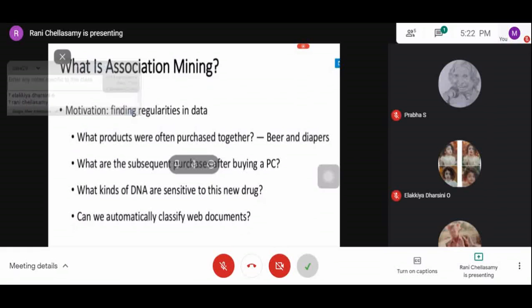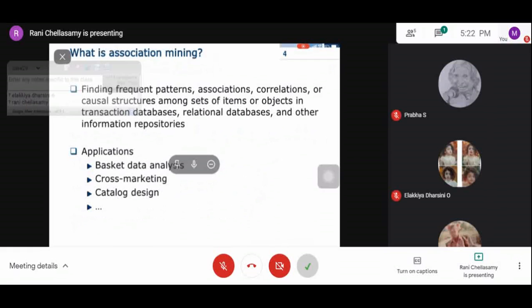By definition, we can define association mining as finding frequent patterns, associations, correlations, or causal structures among sets of items or objects in transactional databases, relational databases and other information repositories. The major applications of association rule mining are basket data analysis, cross marketing, and catalog design.